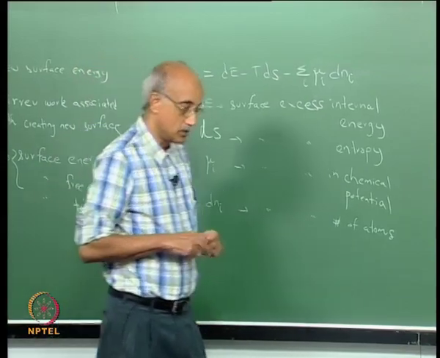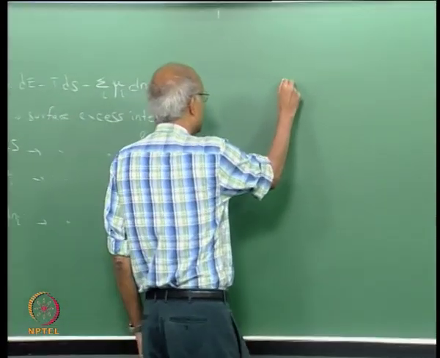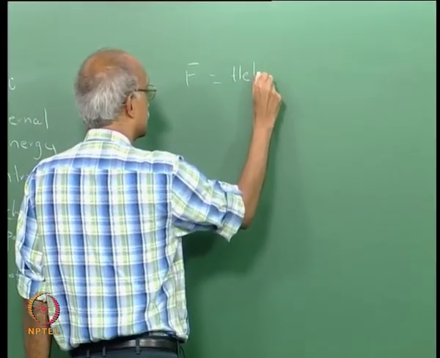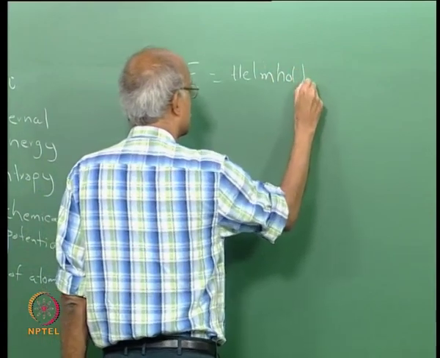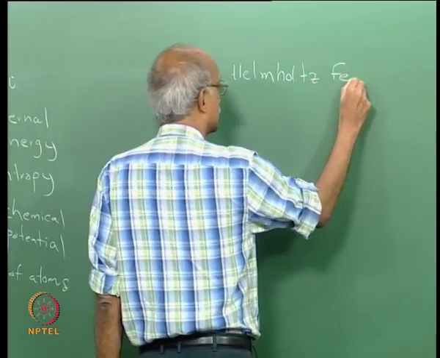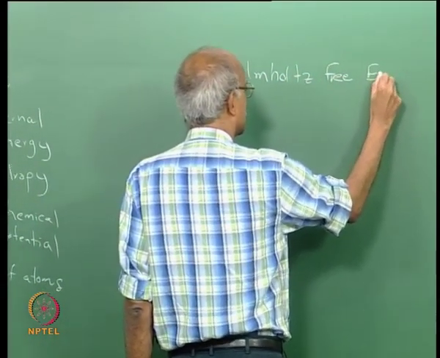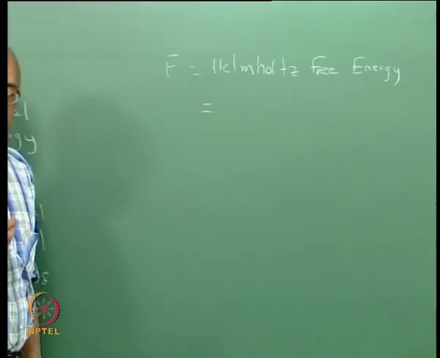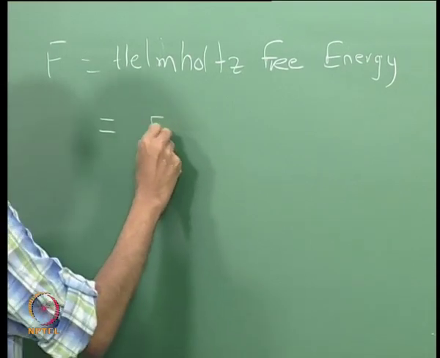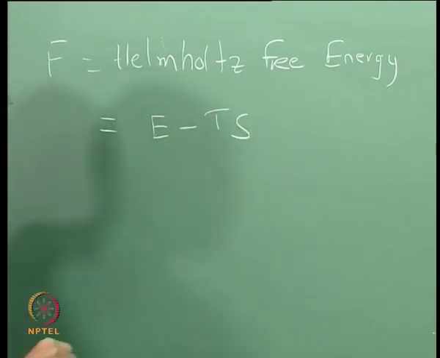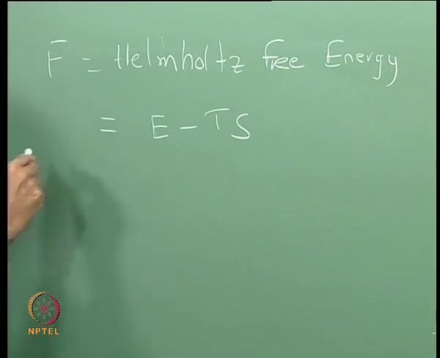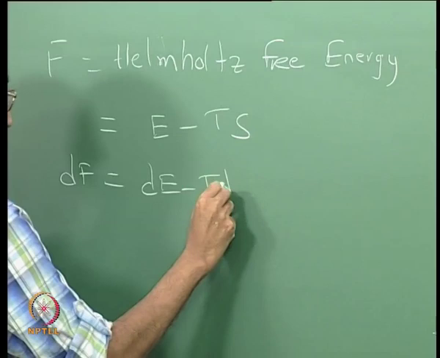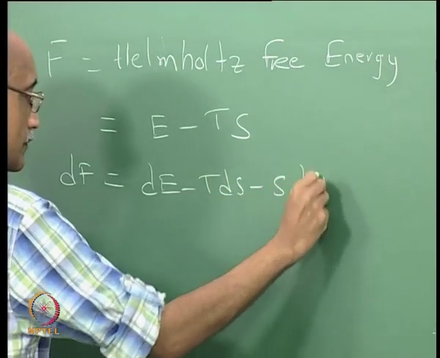Now, there is a parameter called the Helmholtz free energy F, which is related to the internal energy by E minus TS, or in other words you can write dF equals dE minus TdS minus SdT.